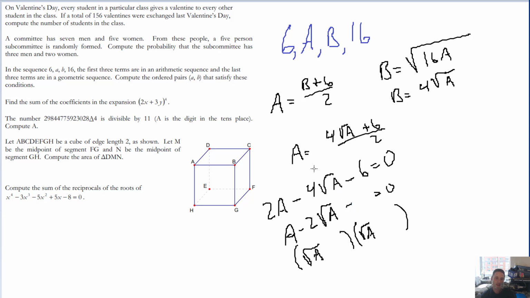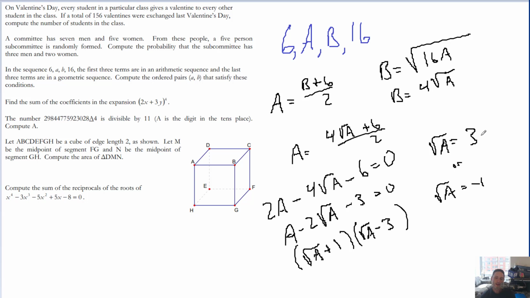It's annoying. I know there's people out there just dying to catch my mistakes. I used to do that in the back in math class too. 2 numbers to multiply to -3 and add up to -2. So it's square root of A minus 3, square root of A plus 1. That means that the square root of A equals 3, or the square root of A equals -1.